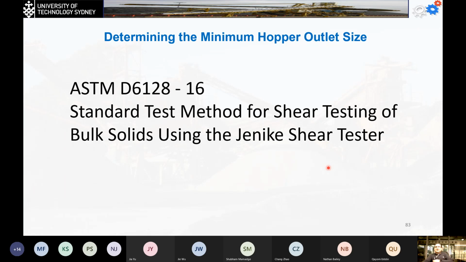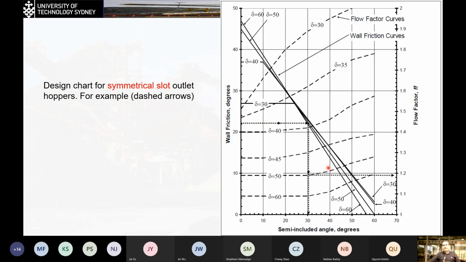We can use it for the design of the hopper outlet. The two charts we are going to use for the solution of the design procedure in our assignment and in the future, and that's why I shared these charts with you, and I would like you to keep them for future work, are the following.